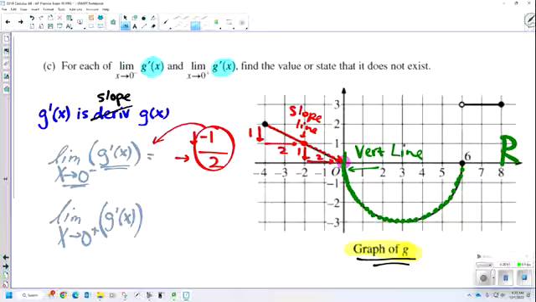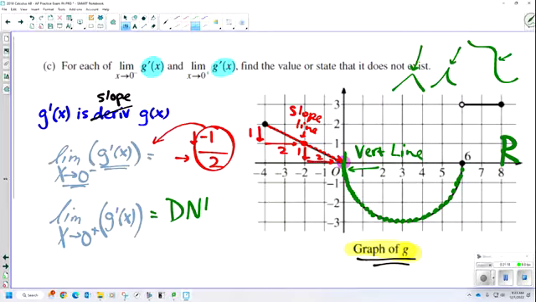A corner, not differentiable. A cusp, not differentiable. Or anything that has a vertical tangent line, not differentiable. It doesn't exist, the slope. You could write the words does not exist, or it's undefined.